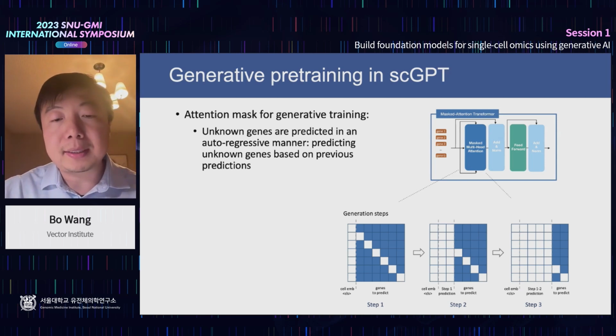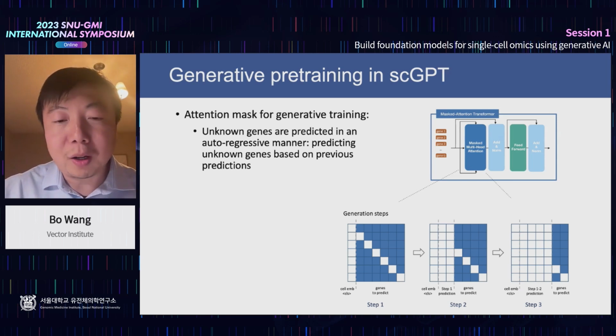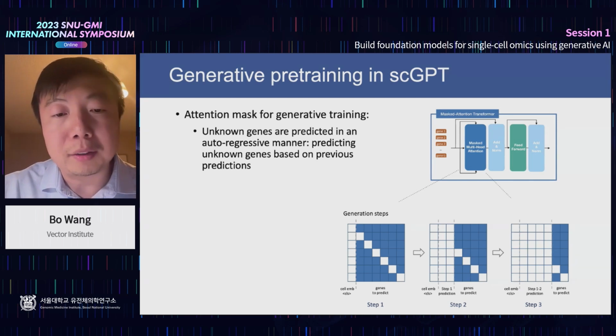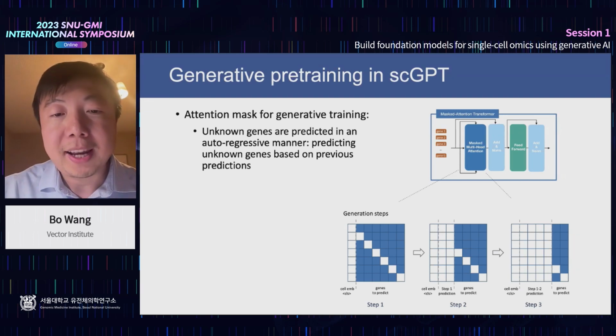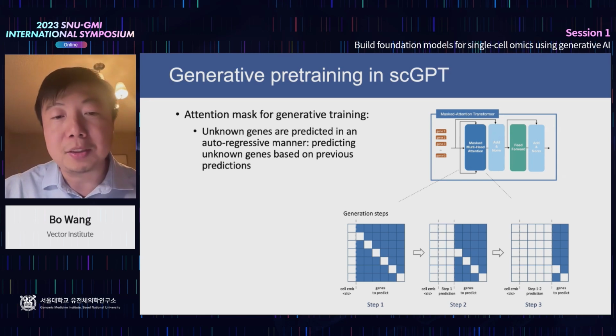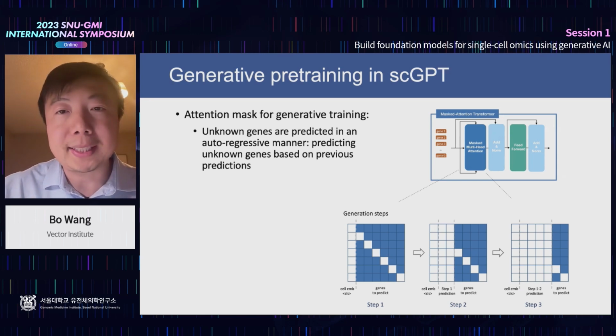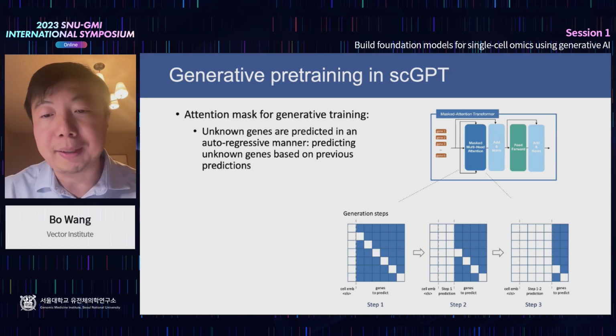Based on these attention values, we know how important each gene is with respect to particular cells. Then we create this order of genes, chunk them into different chunks, and then just use the same autoregressive training ChatGPT used to train languages to train scGPT in an autoregressive way.